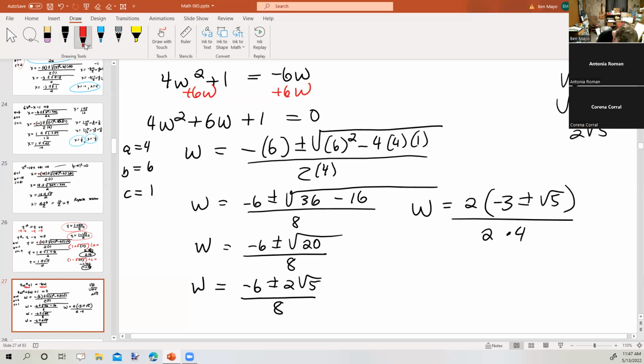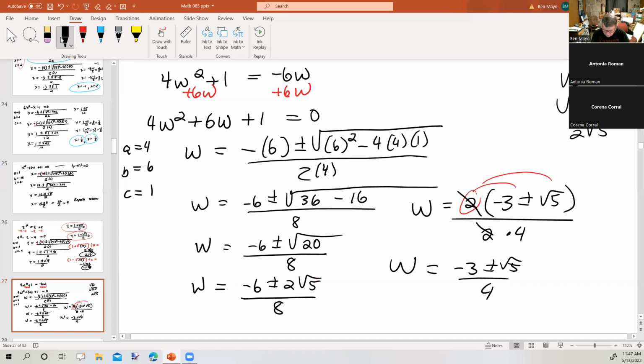Now, what did I do here? I factored a 2 out of that and out of that, and then I factored a 2 out of the denominator. And the reason I did that was so that I could reduce it down to that.